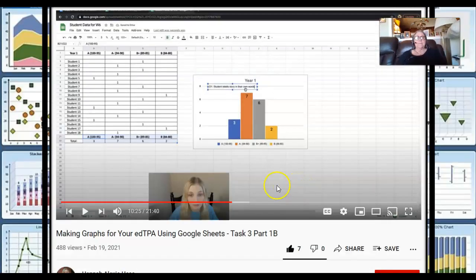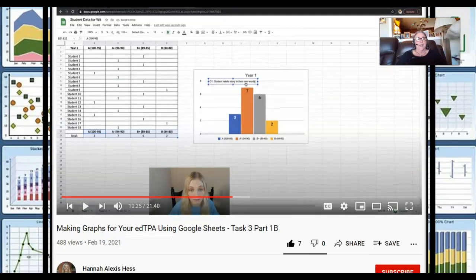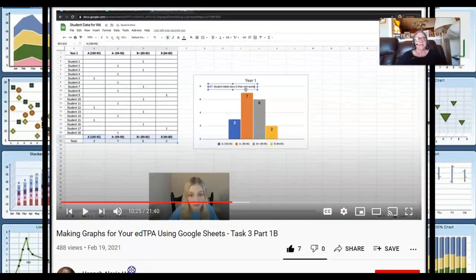Now, making a graph. Right now, if I were you, I'd get out my phone and take a picture of this screen right here, so that you can remember to look up Hannah Alexis Hess and look for her video on making graphs for your EdTPA using Google Sheets.